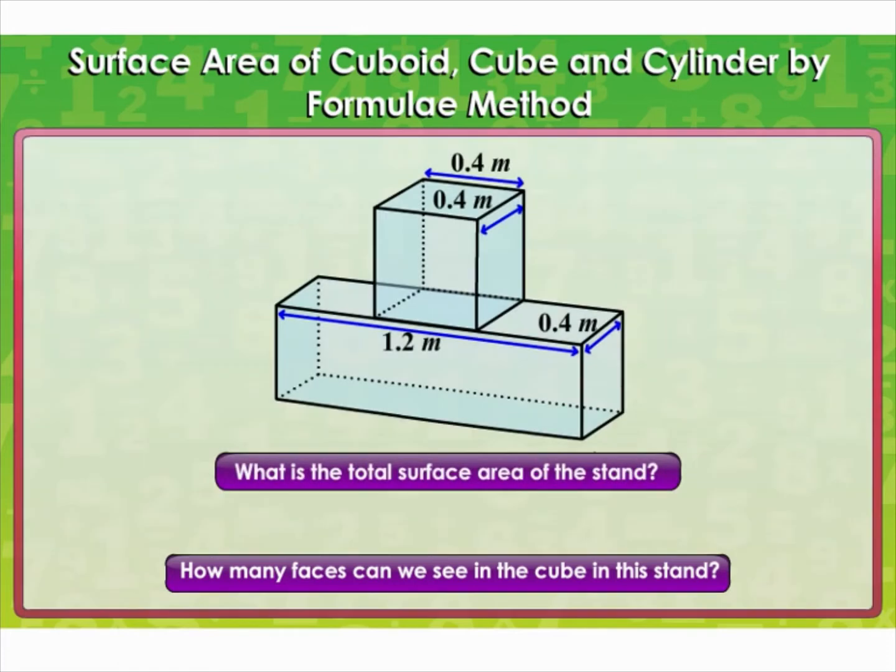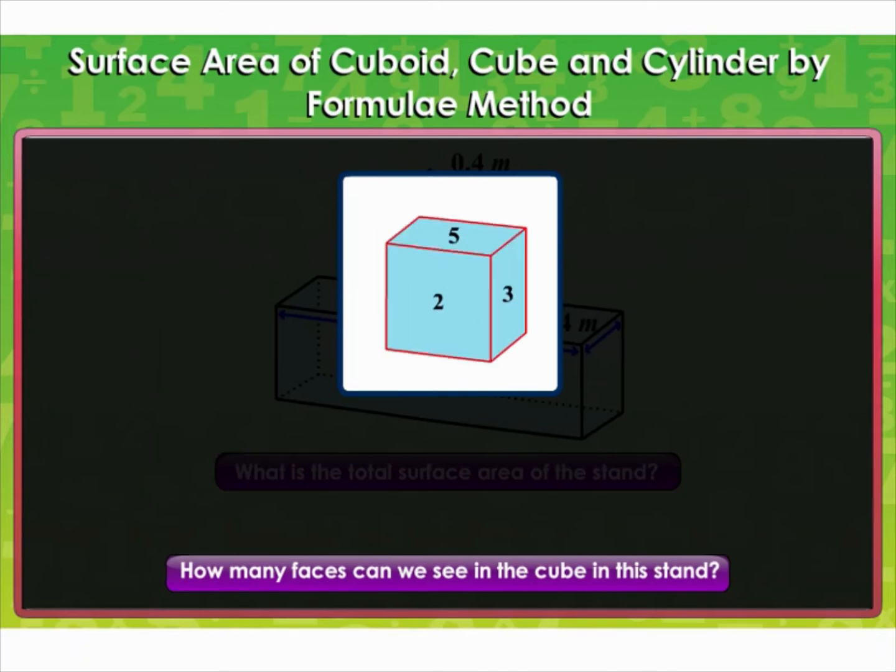In a three-dimensional composite shape, the faces connecting the two 3D shapes are excluded in calculating the surface area. This means the area of the 5 faces has to be calculated.